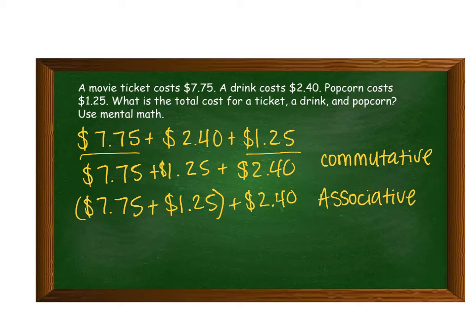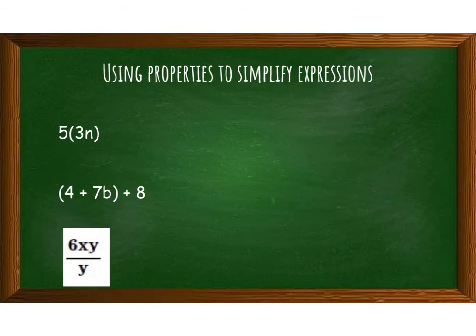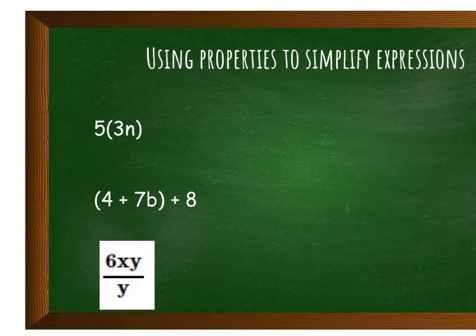And now we can combine what's inside the parentheses to give us a whole $9 even, plus $2.40, which then we can mentally do as $11.40. Okay, so some of us do this naturally, but now we are giving names to what's going on in our heads. Super cool.